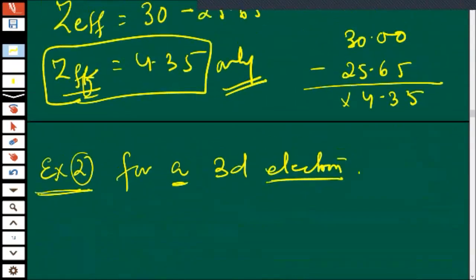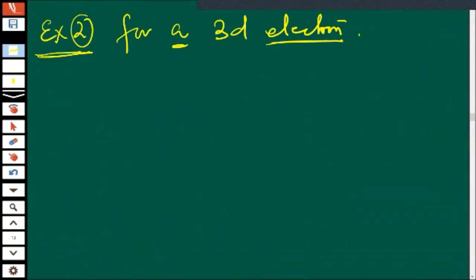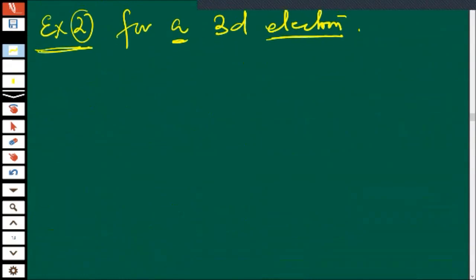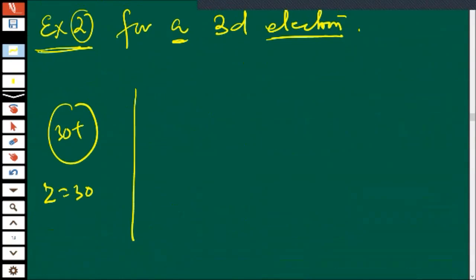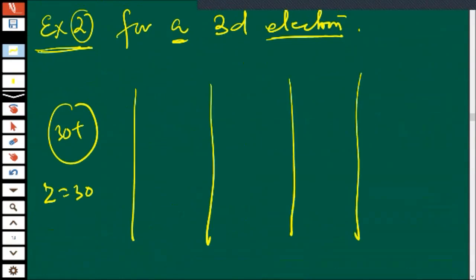So again, we can write. See, this is zinc. 30 positive charge means Z equal to 30. This is the first orbit. This is the second orbit. This is the third. This is the fourth. In fourth orbit, 2 electrons are there.